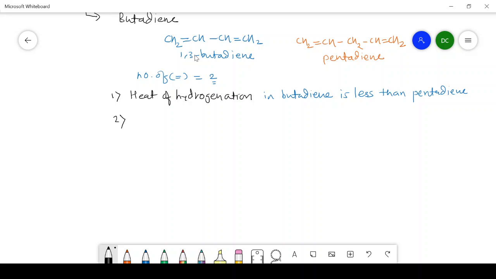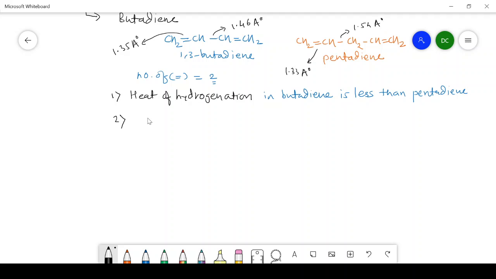The second fact, which is different: in 1,3-butadiene, the carbon-carbon double bond length is about 1.35 angstrom and the single bond has a bond length of 1.46 angstrom, whereas in pentadiene this bond length is 1.33 and this bond length is 1.54.